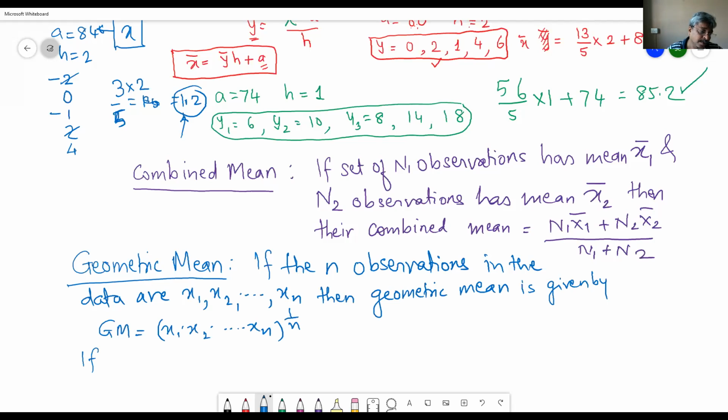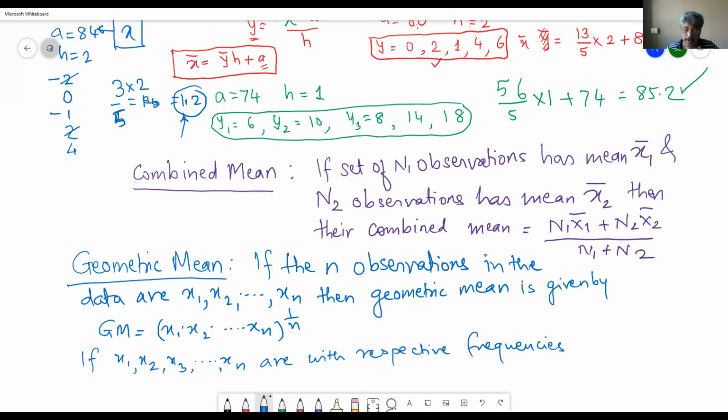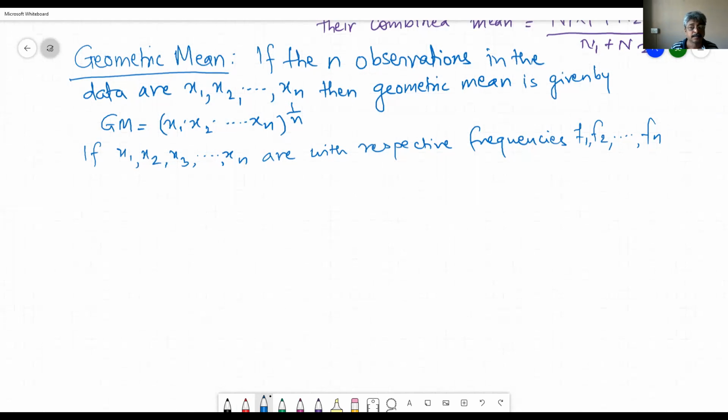If x1, x2, x3, xn are with respective frequencies f1, f2, fn, then GM is equal to x1 raised to f1, x2 raised to f2, where थांबा n ला capital N करू.